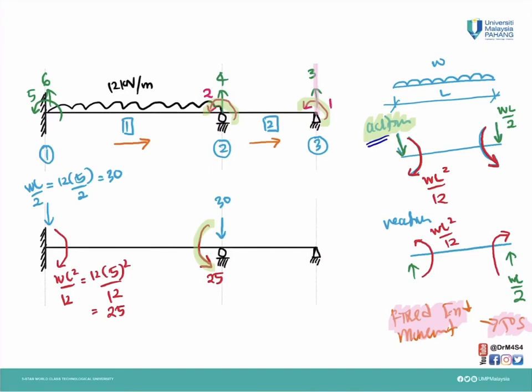And for Q4, in here we have action due to UDL, which is 30. That means at Q4, we have to write Q4 minus 30. Check again, because direction here is going up, this one is going down. So Q4 minus 30.